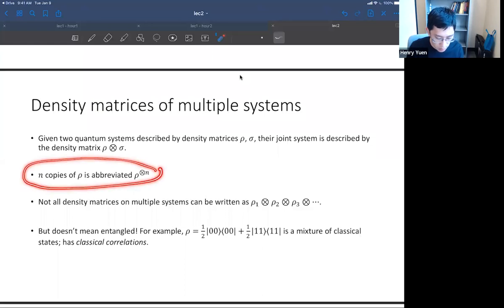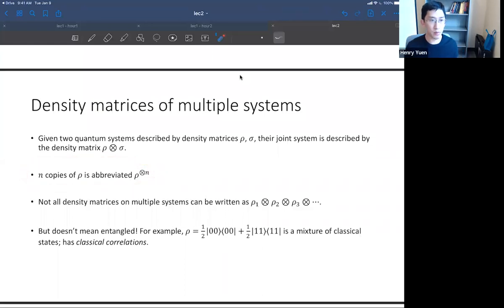We also often talk about having many copies of a quantum state. Let's say you have n copies, then n copies is abbreviated rho raised to the tensor power n. This is just the same thing as rho tensor rho, and so on, n times. That's just notation.